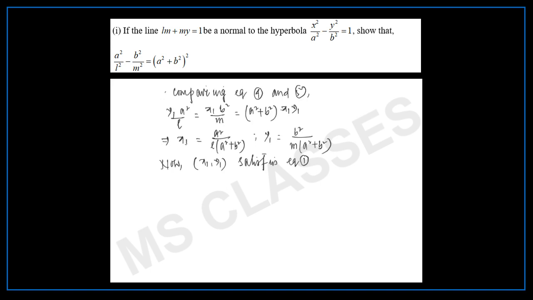So on substituting, we get a square by l square into a square plus b square whole square minus b square by m square into a square plus b square whole square equal to 1. Now from this we can write a square by l square minus b square by m square equal to a square plus b square whole square. Now this is the required condition.